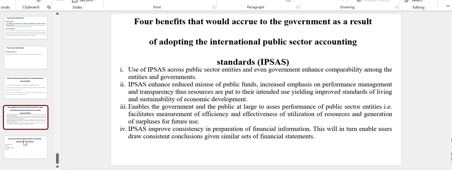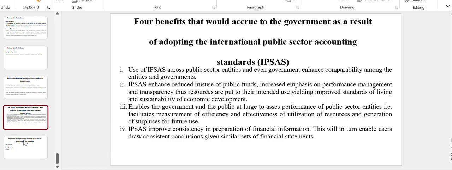So what are the benefits of adopting or using IPSAS? And I have mentioned some here. So for example, in Kenya, we have Uasin Gishu County Government, Trans Nzoia County Government. If all of them are using IPSAS, you can compare these two county governments, because all of you are using same accounting standard.